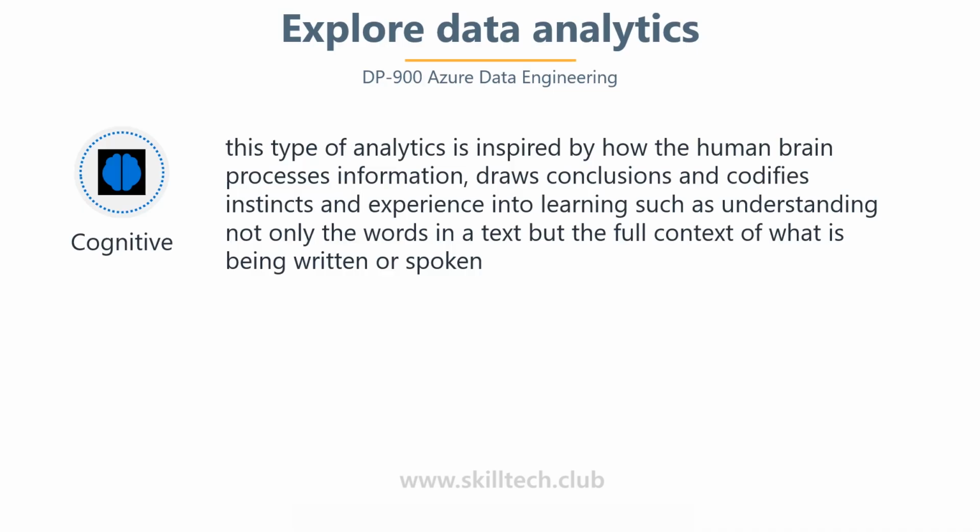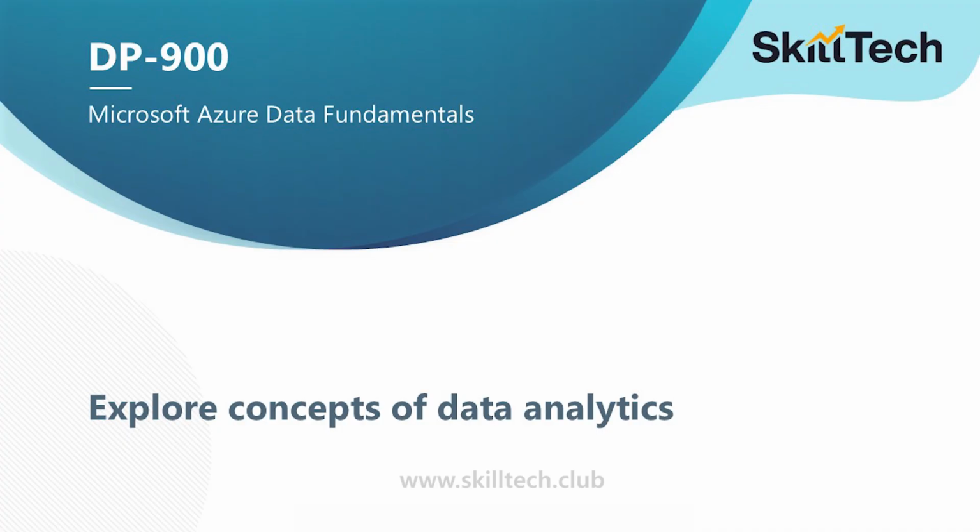Most of the time in cognitive analytics, we are going to take help of some kind of machine learning algorithms, and some kind of services are required which can actually process the information like a real human brain. And then from the data provided into this analysis, it is going to take logical and cognitive decisions like a human brain. And that is one of the coolest things about cognitive analytics.